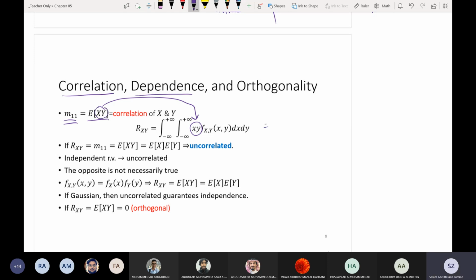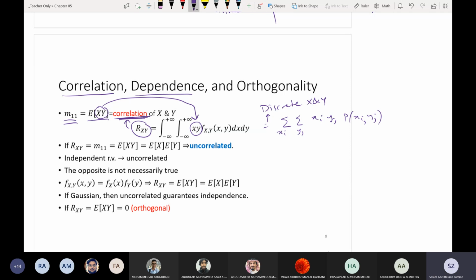And if you have discrete xi, yj, this will be xi multiplied by yj, times the probability of xi, yj, for discrete x and y. And this is denoted as Rxy. We'll use this all over the rest of the course. Rxy is the correlation of x and y.